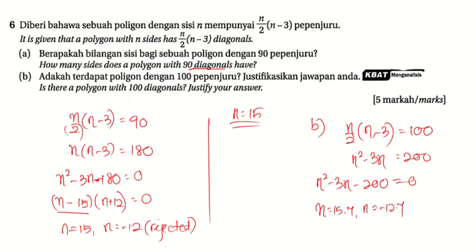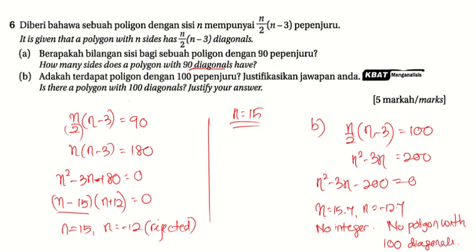So from here you can see there is no integer, so no polygon with 100 diagonals.